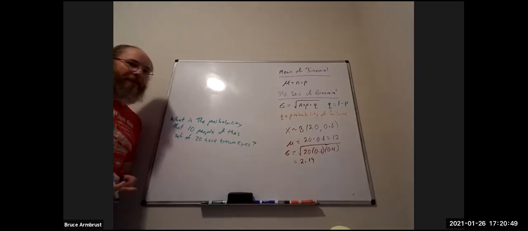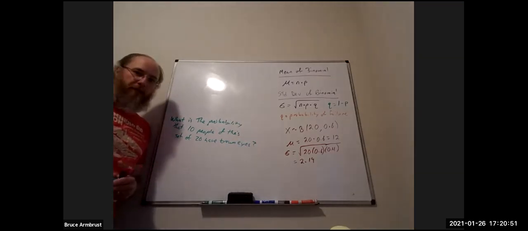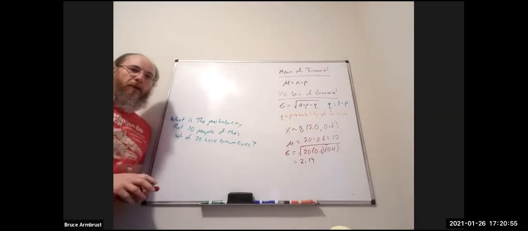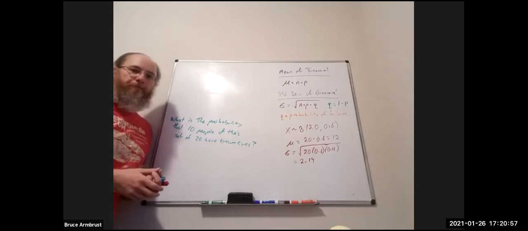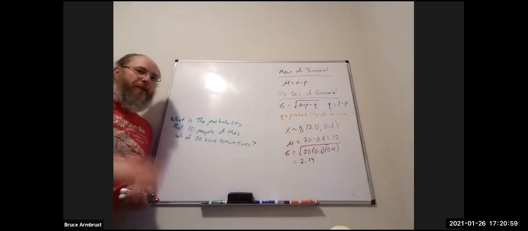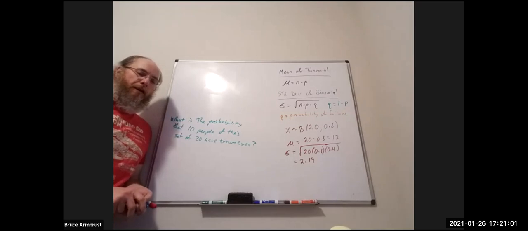Right, so I mean that's a typical kind of question. You say, okay, I'm going to go ask 20 people, do you have brown eyes? What's the probability that half of them do? What's the probability that exactly 10 of them have this?